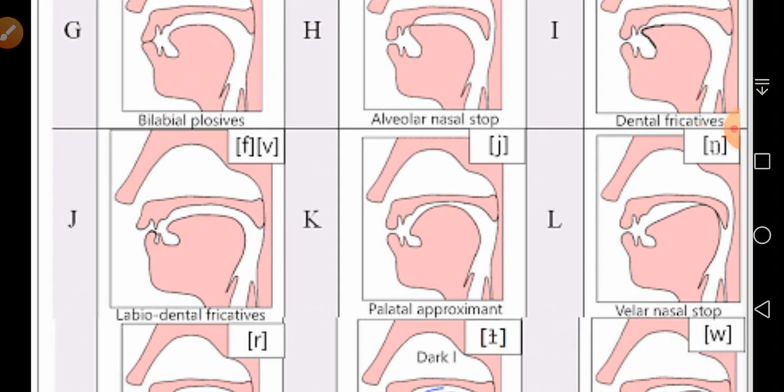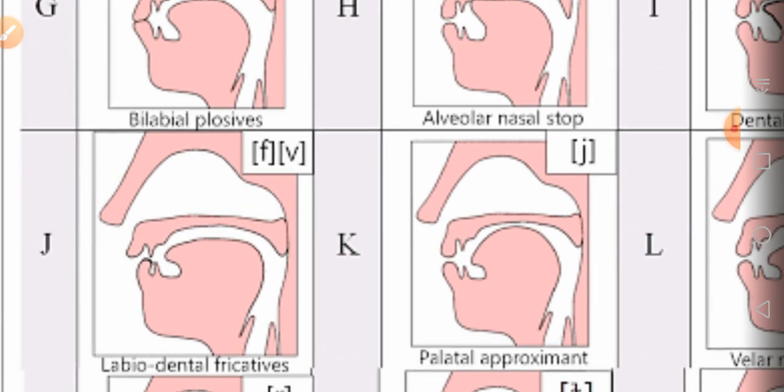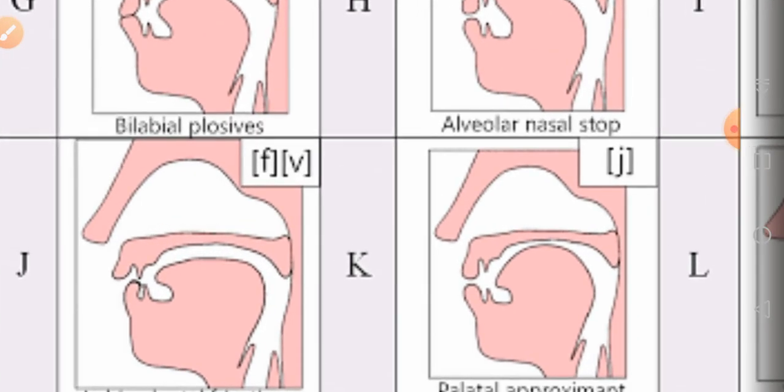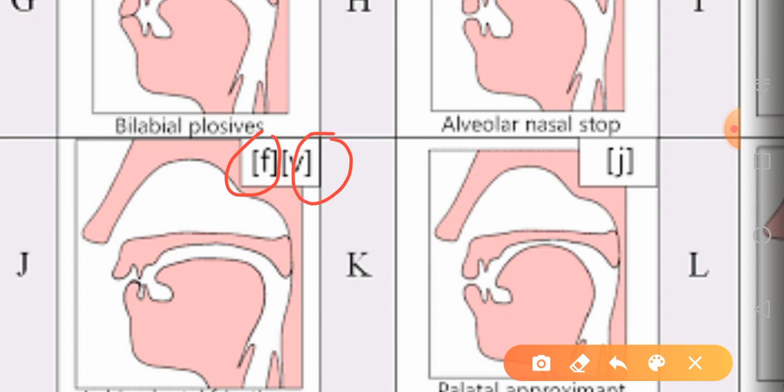So here you can see when we pronounce this sound, this one or this one. This is a pair, and in the pair the first consonant is known as voiceless, and the second one is voiced.